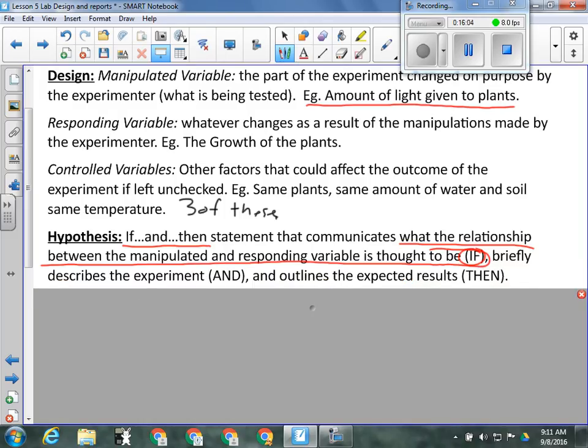In my hypothesis there, I said 5 plants will be given differing amounts of light. That's a brief description of what I'm going to do, so that's the and part. And then the last part, the then part, outlines your expected results.